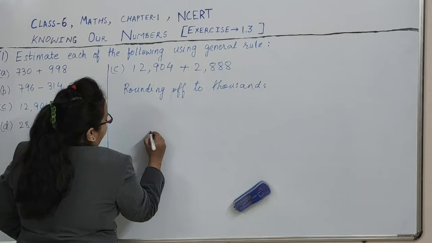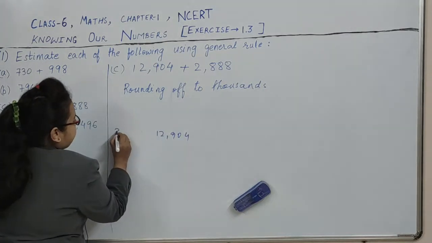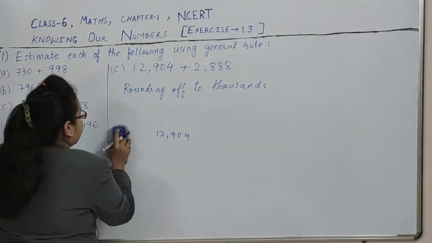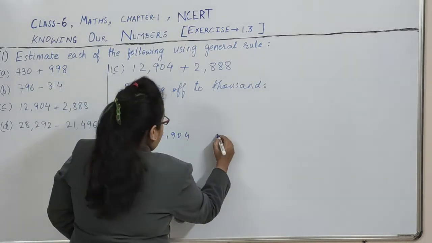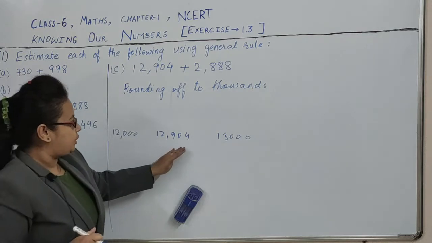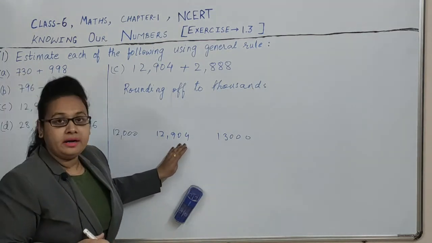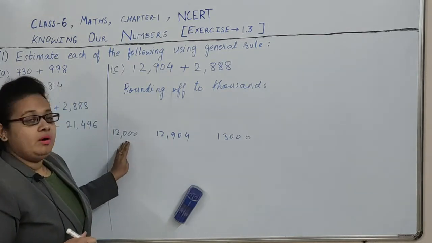This will be rounded off to, see, this 12,904 lies between 12,000 and 13,000. But it is much closer to 13,000 when compared to 12,000.